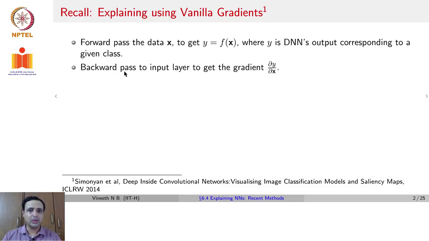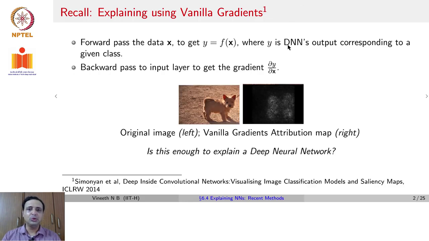Then we do a backprop to the image to get the gradient ∂y/∂x, and using those gradients we visualized the image back in terms of the gradients by taking the maximum among the gradients across the channels, and we get such an attribution map. Recall, an attribution map is a map of how much each input attributes to the output. That's the reason it's called an attribution map.